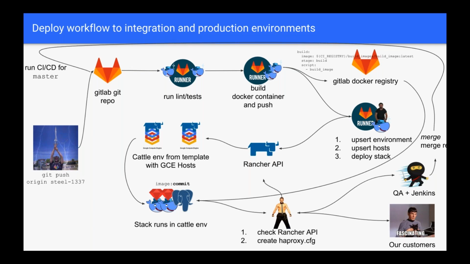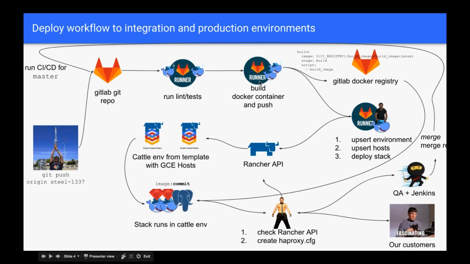So let's look at our deploy workflow. There's obviously a lot to unpack here. Basically, if I push to a branch, it will trigger running our linting and test stages in our GitLab CI pipeline.